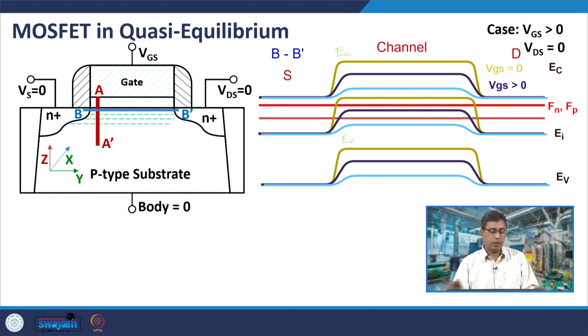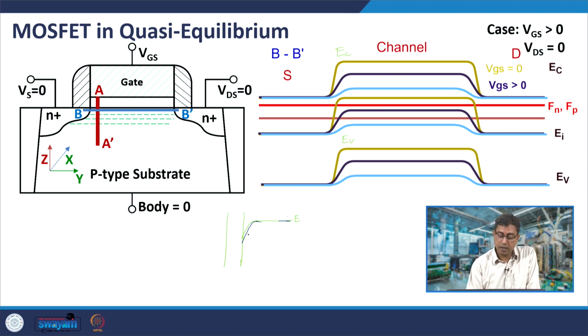So, once you increase the gate voltage, the depletion charge here builds up, and along the A prime line, you would find that the conduction band was like this. Now, if you align the conduction bands, then it would look like this. They are not aligned actually, but just for the sake of understanding and comparing, we are aligning.